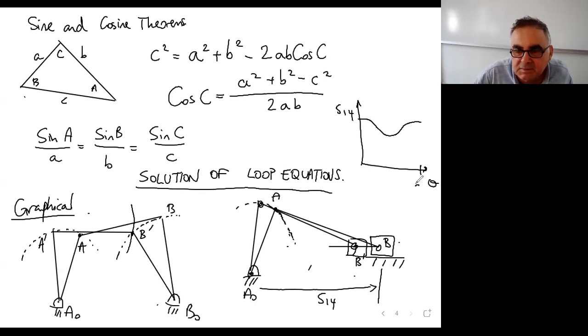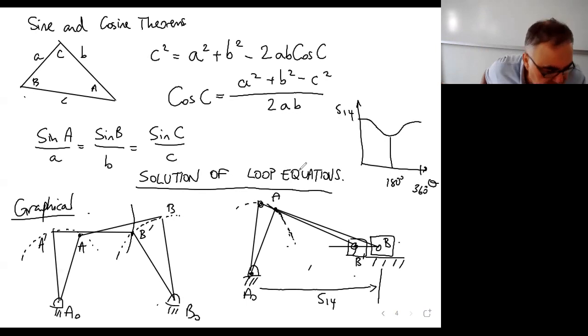Let's say this is 360 degrees, this is 100 degrees, etc. You can find the position of the slider crank mechanism for all positions.